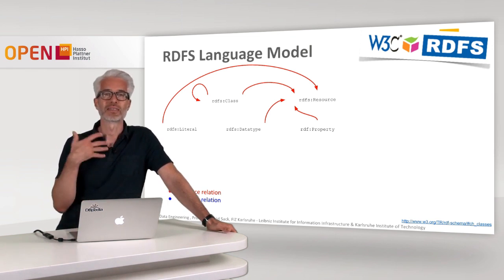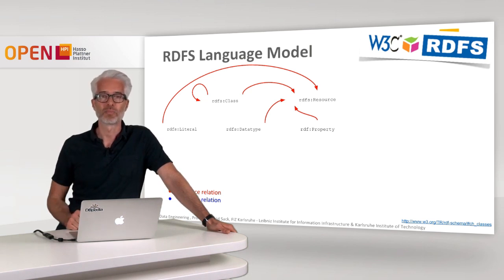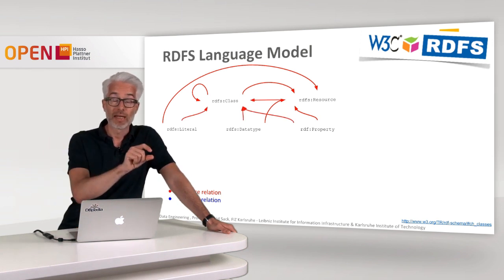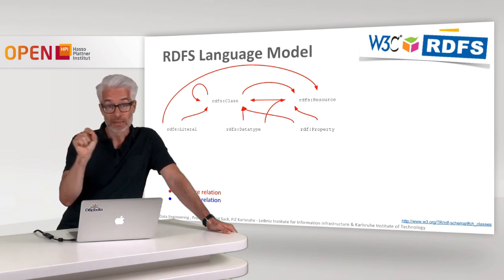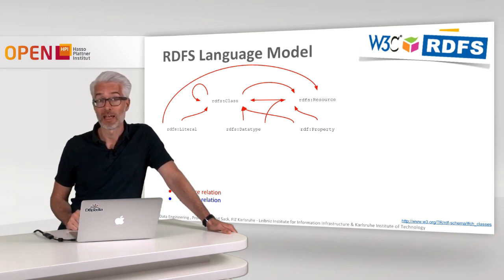We have an RDFS data type, this is a resource, as well as the RDF property. But then we can also say property, data type, literal, as well as resource, they all are classes. So therefore, they are instances of the class RDFS class. Of course, this makes it more complicated, but this is the RDFS language model.